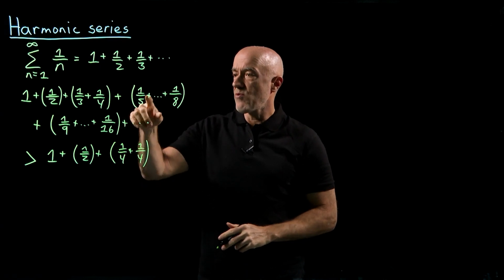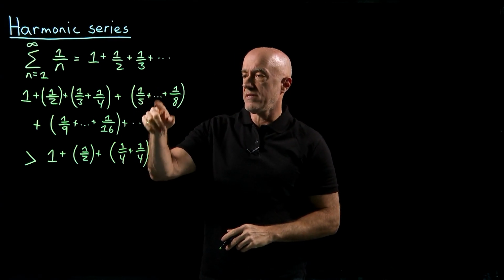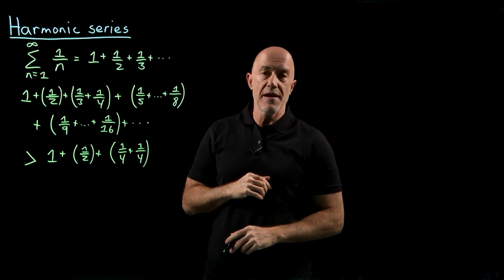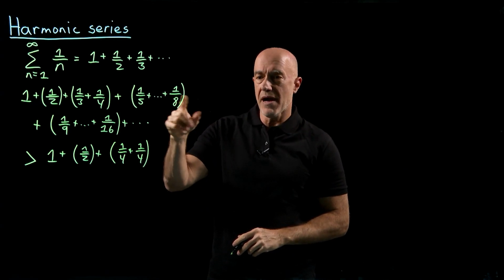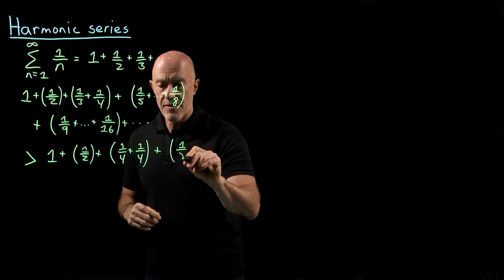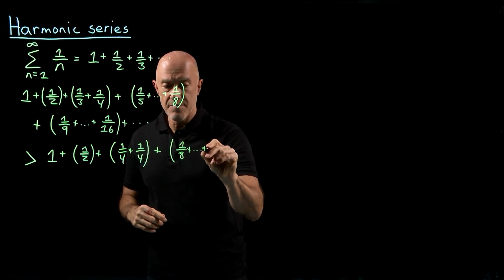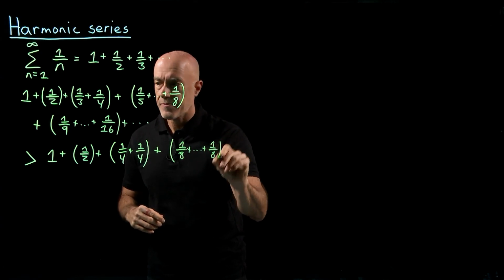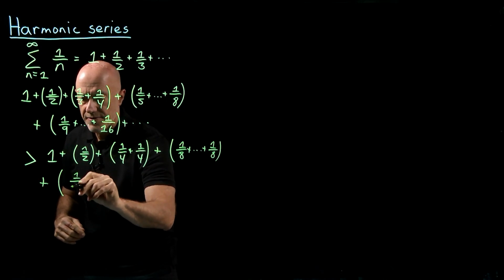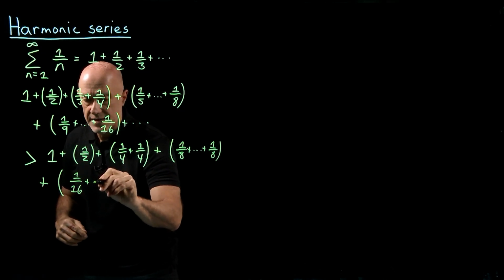And then we can replace 1/5, 1/6, 1/7 by something smaller than them. We can replace them by 1/8. So that becomes 1/8 plus ... plus 1/8. And finally, we can get 1/16 plus ... plus 1/16.